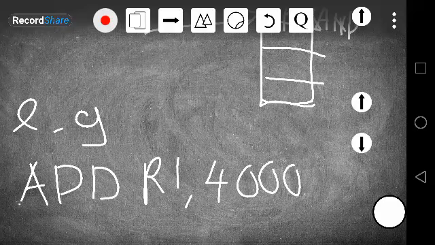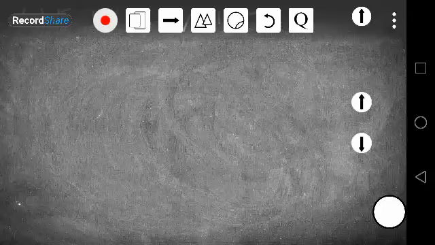All right. We move to indirect addressing mode.